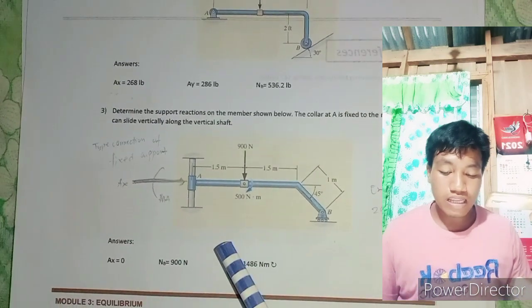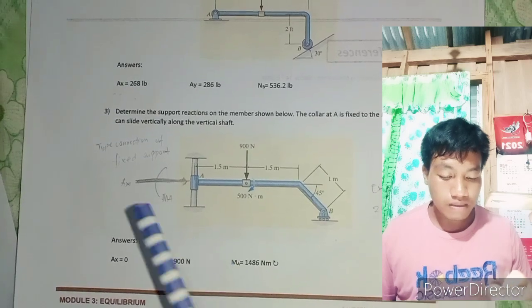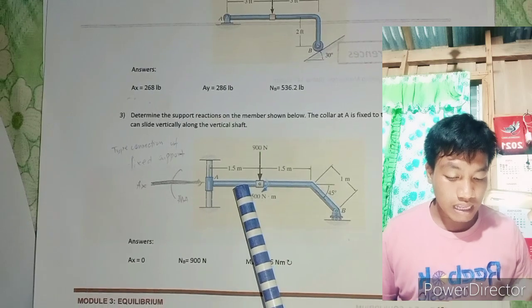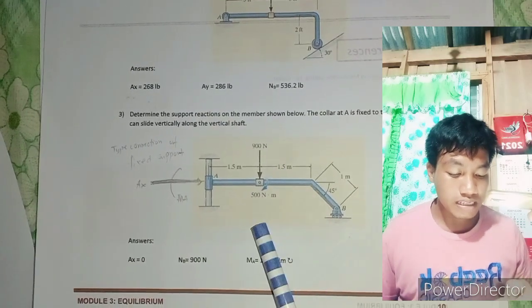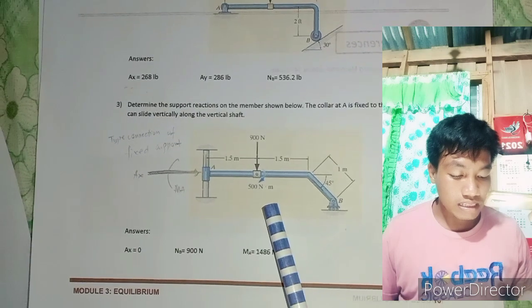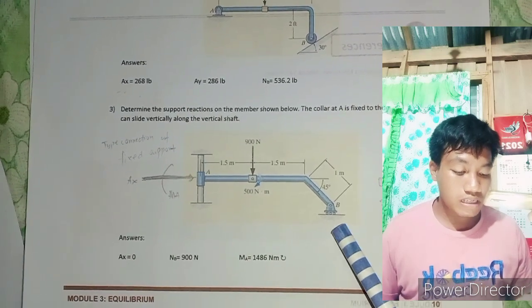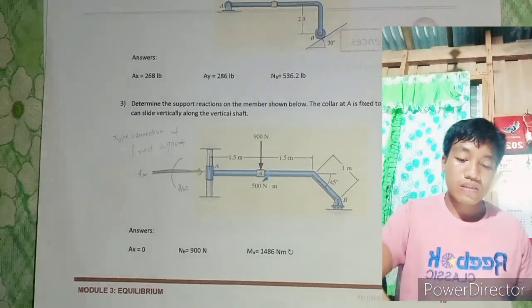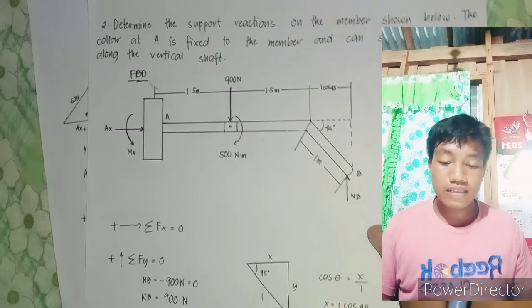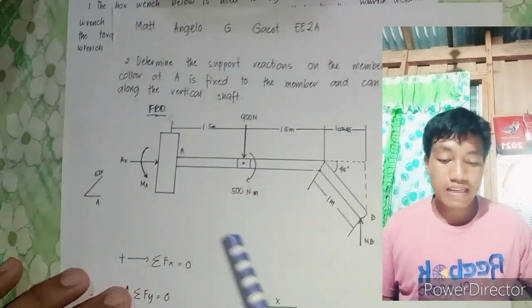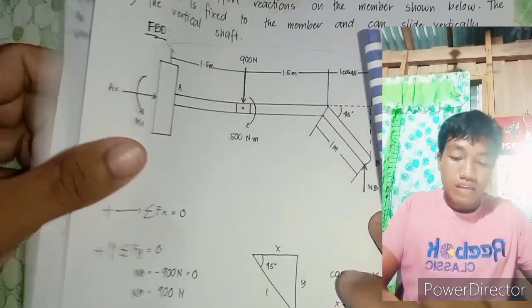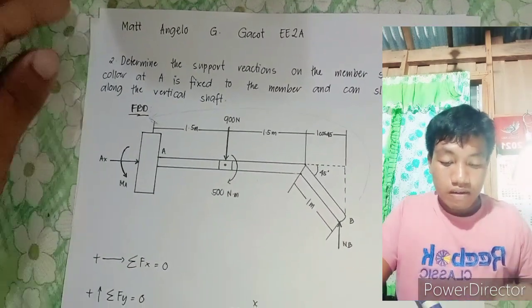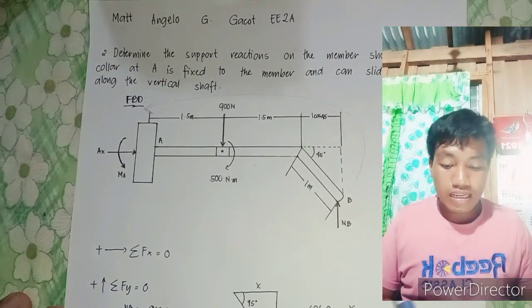So, we are given again a fixed support, 1.5 meter, 900 Newton, 500 Newton per meter, and an external pin, which has two unknowns, Fx and Fy. So first, draw a free body diagram.